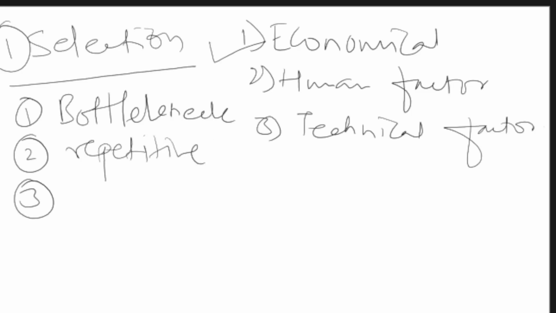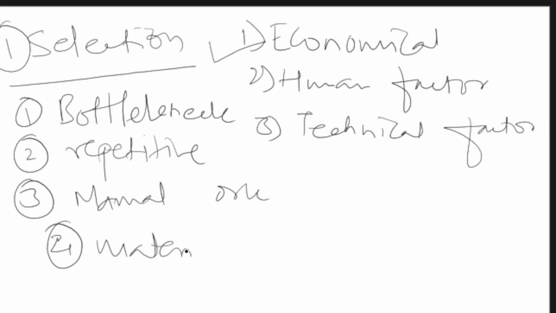Next is manual work, the operations which have a very large quantity of manual work. And the fourth one is the operations where material moves over a long distance. So these kinds of jobs are selected on the basis of economical factors.